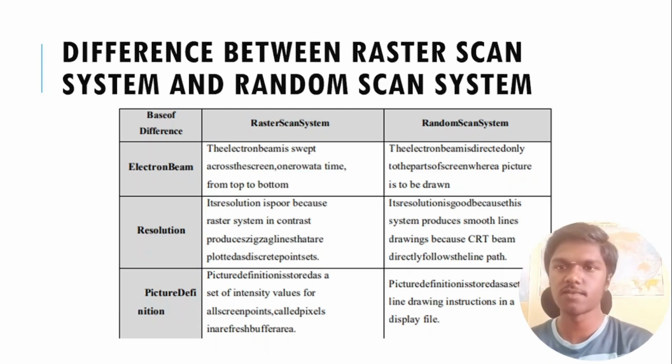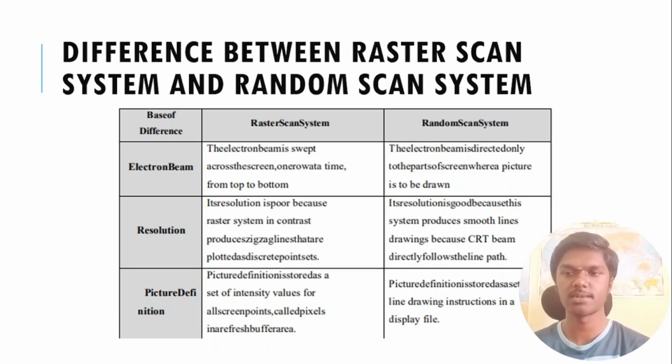Now let's understand the difference between the raster scan system and the random scan system. The basis of difference being the electron beam. In the raster scan system, the electron beam is swept across the screen one row at a time from top to bottom, whereas in the random scan system, the electron beam is directed only to the part of the screen where a picture is to be drawn.